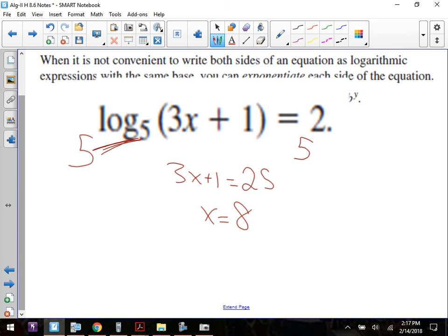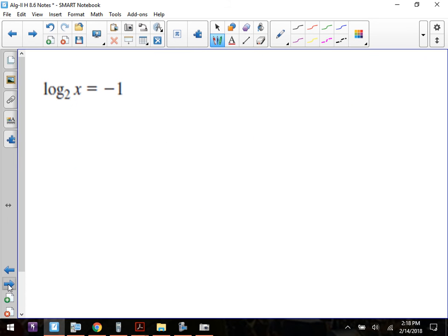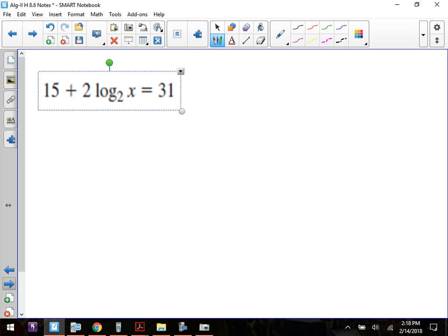So why would I waste my time? In order for any of this stuff to work, you have to have common bases. So if you have one log base 5 here and this is a log base 2, none of this works. Okay?